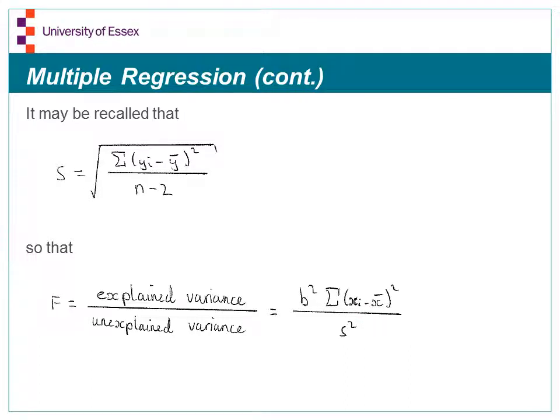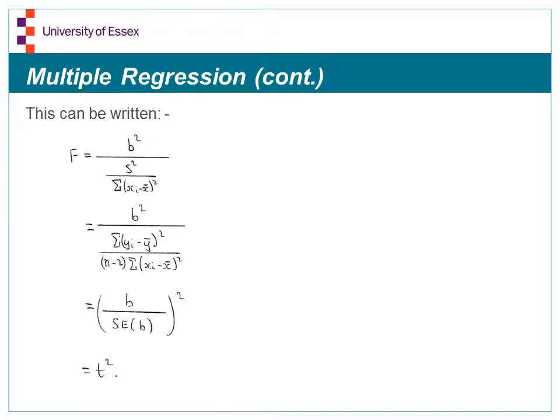We can then do some calculations with this because we have a value for s at the top of the page. If I go through and do this calculation for F, then I can see that F is equal to b squared over s squared divided by the sum of xi minus x bar squared.